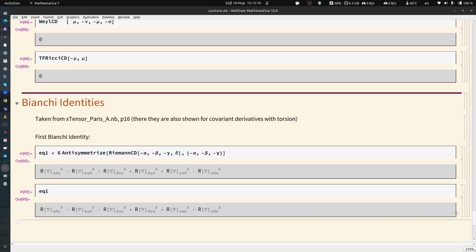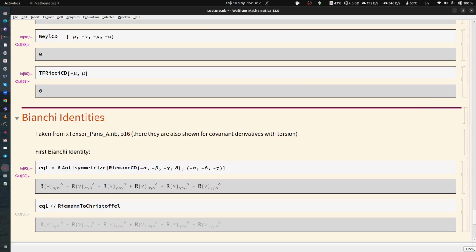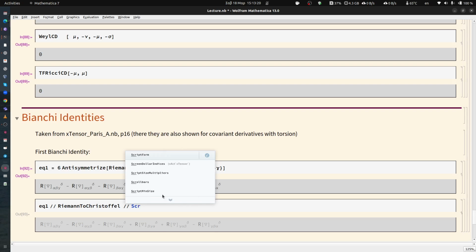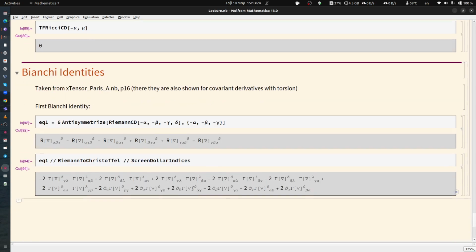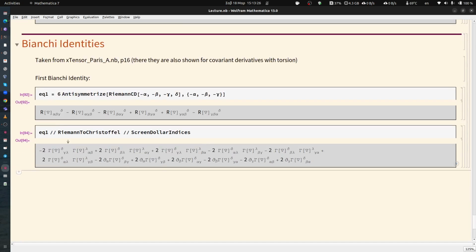So the first thing that we will do is to apply RiemannToChristoffel and ScreenDollarIndices. And we obtain this expression here. Then we convert this expression to an expression that involves the metric.